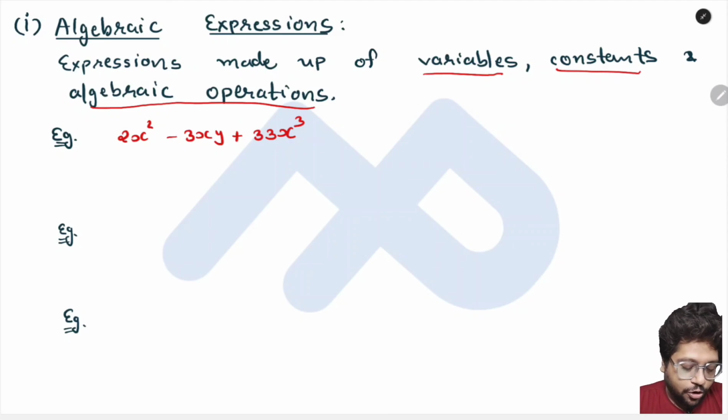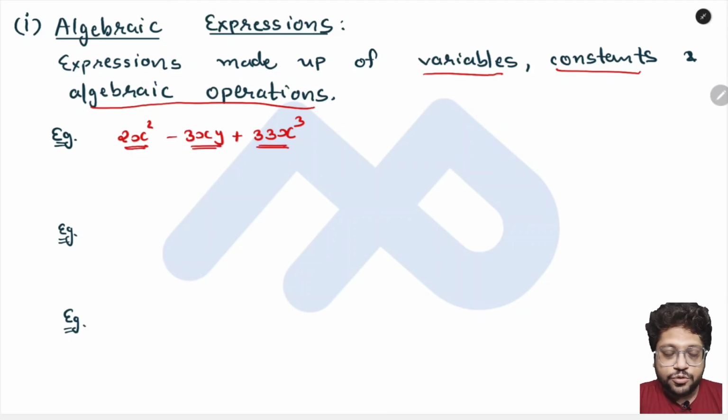Now one thing I want to make clear is how many terms there are in an algebraic expression. There are 3 terms. Terms are separated using addition and subtraction only. So 2x square is the first term, 3xy is the second term, and 33x cube is the third term, because there is an addition or subtraction sign in between.